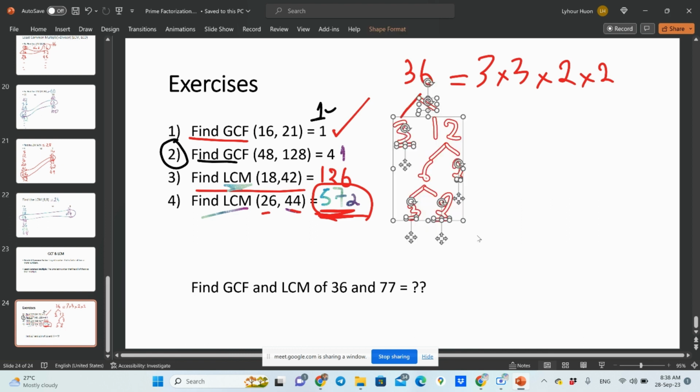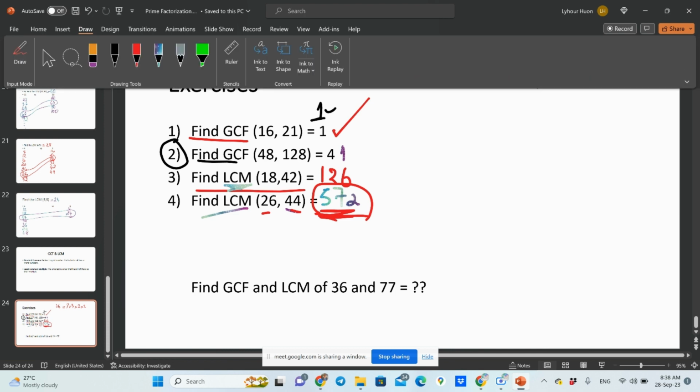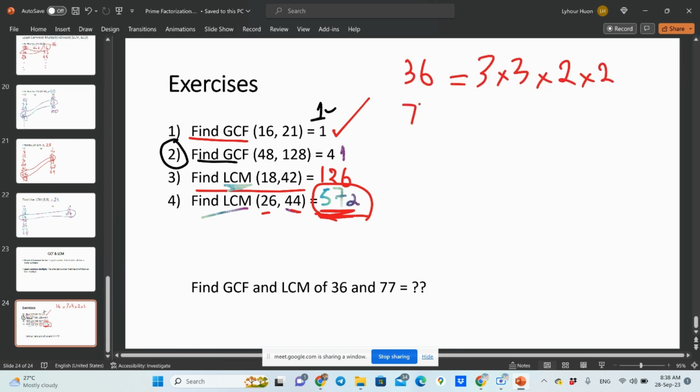Another number is 77, which is composed of 7 times 11.